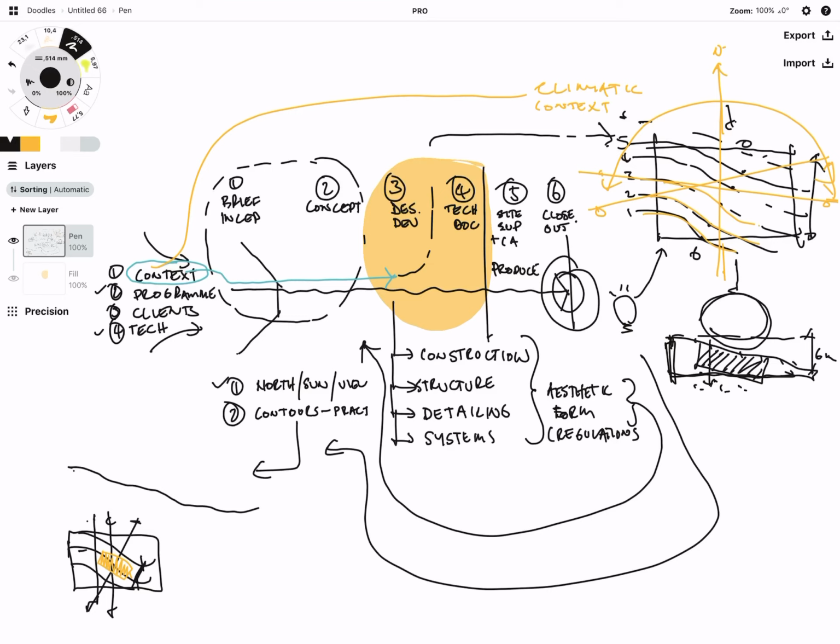If your building ends up sitting this way, the amount of cut and fill is marginally going to be more.